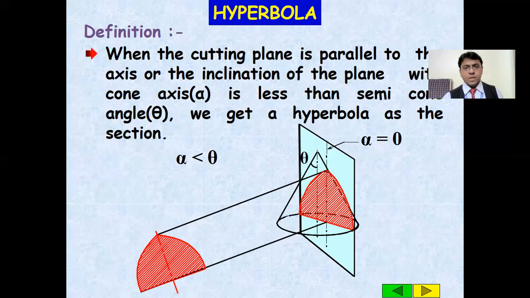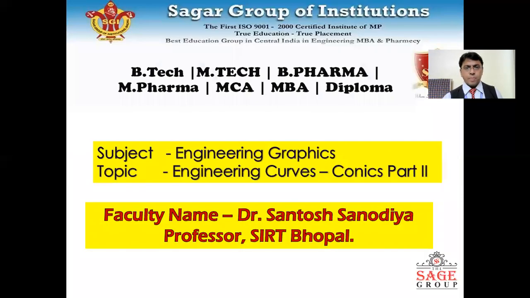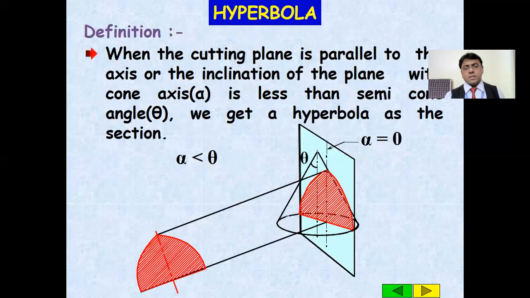Here this is a hyperbola. This is concerned with when the alpha angle is less than theta, then it gives us the cut surface as a hyperbola. So with this, all you students can understand easily the basic scope and importance of engineering curves for the particular product outcome.